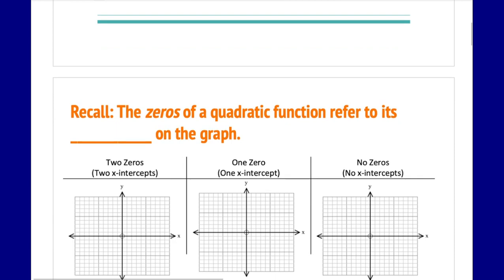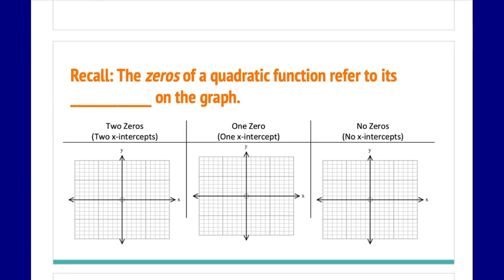So recall that the zeros of a quadratic function refer to its x-intercepts on the graph. We did a warm up in the previous lesson where we saw that we could have different scenarios. We could have two zeros or two x-intercepts, so maybe our parabola looks like that, or it looks something like that.